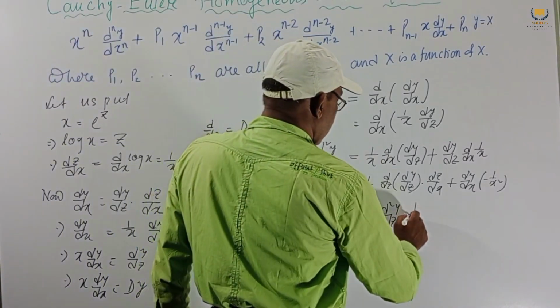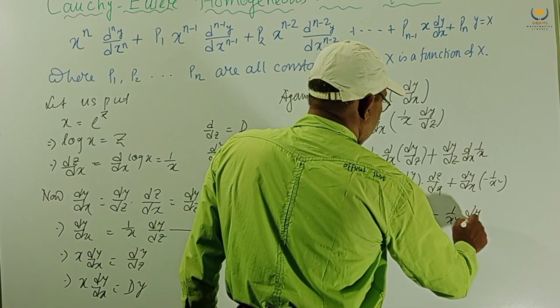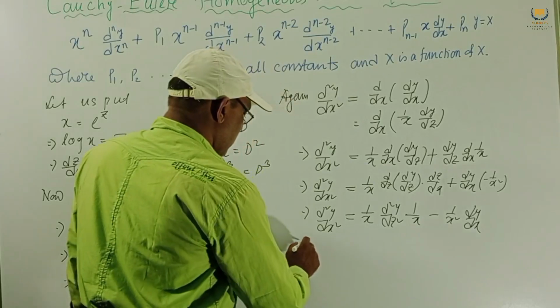Here we put 1 by x, minus 1 by x^2 dy/dz.